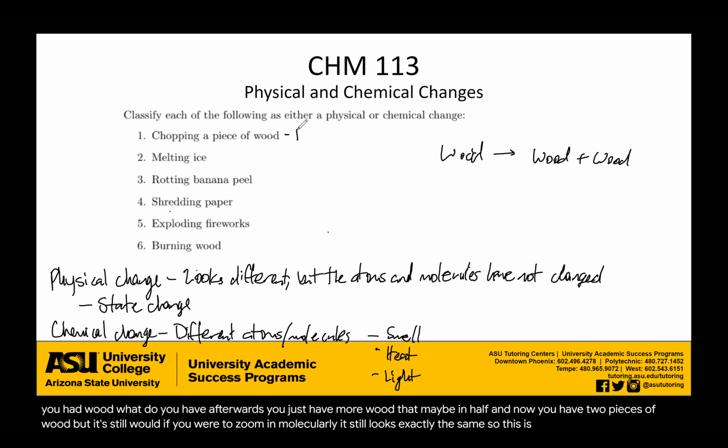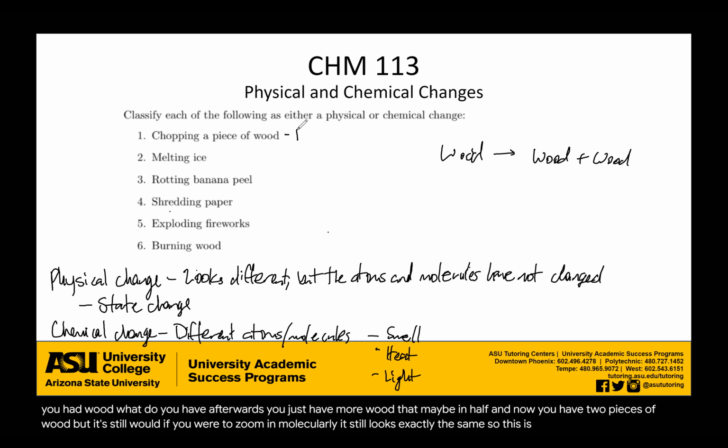Okay, a rotting banana peel. So this one would be an example of a chemical change, right? You still have a banana peel before and after, but how does rotting occur? Well, rotting typically occurs when the oxygen in the air reacts with the banana peel and gives some sort of chemical reaction. That's how you get the mold that grows on it.